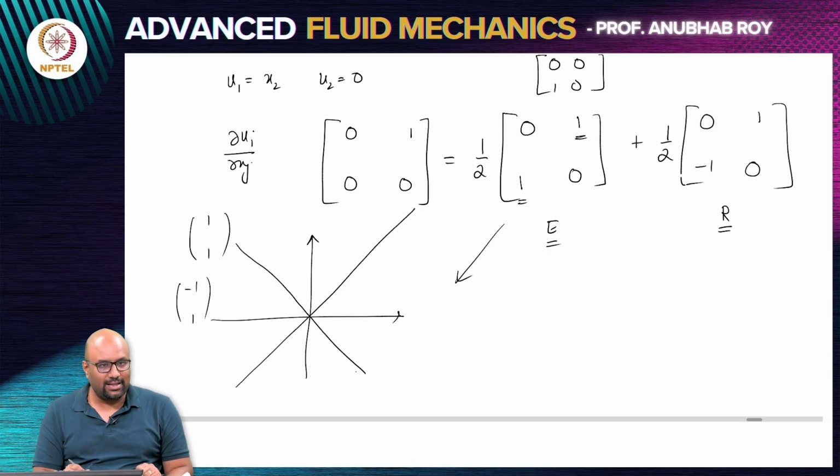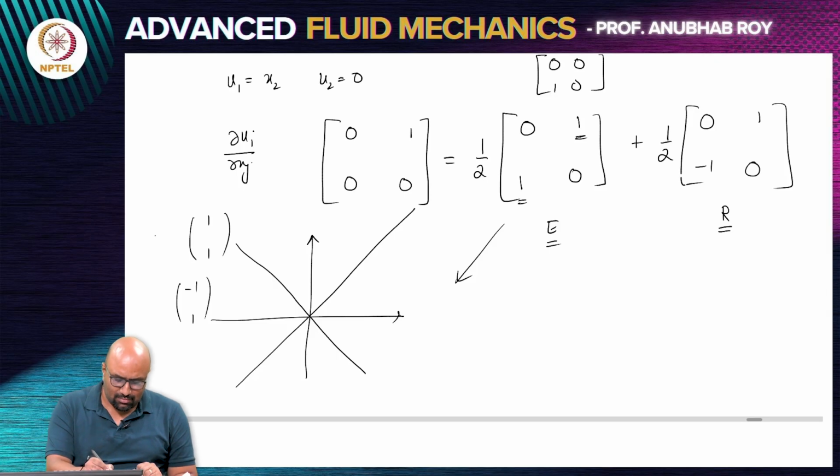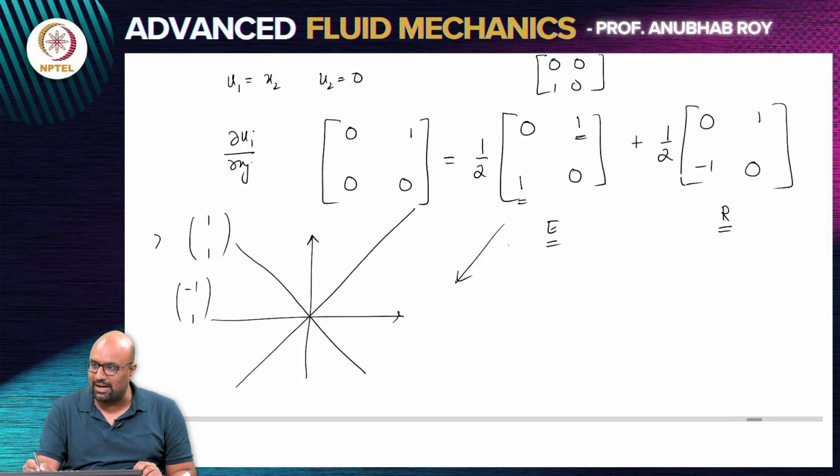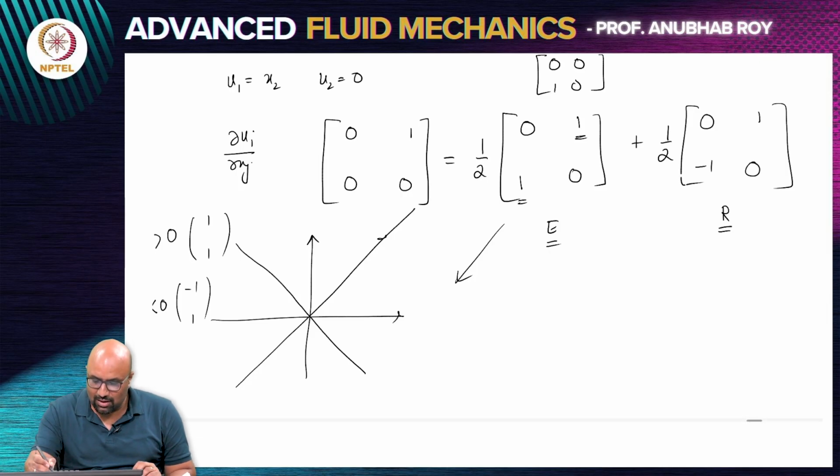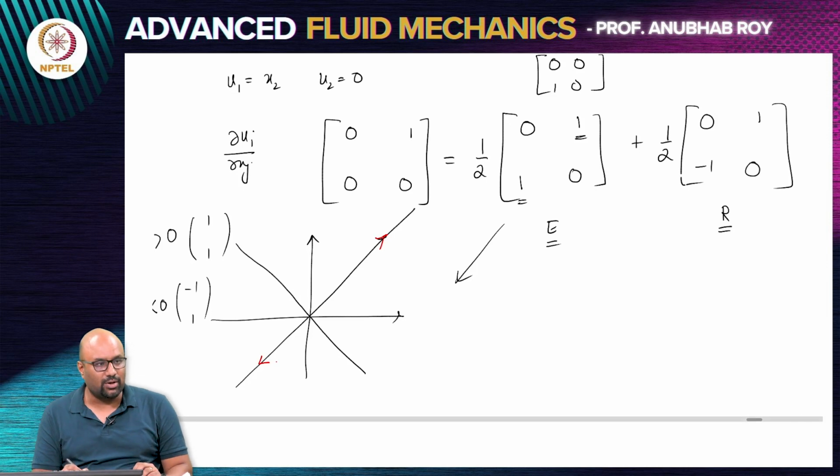And if you calculate the eigenvalues for this, I am showing this quite quickly, but you can just take this matrix, find the eigenvalues and eigenvectors. The eigenvalue associated with the (1, 1) eigenvector would be positive, and the eigenvalue associated with the (-1, 1) direction will be negative, which means this is a direction along which you have stretching going on.